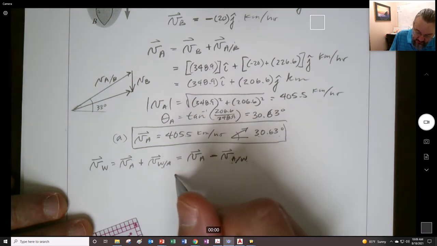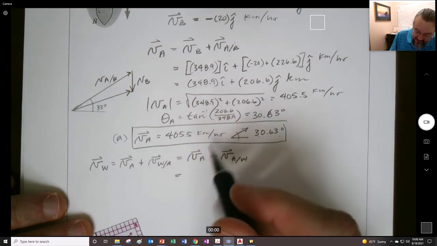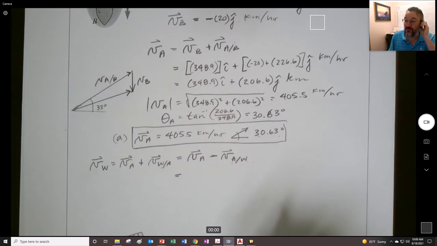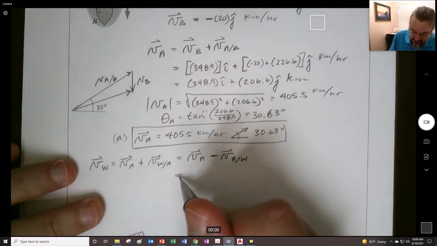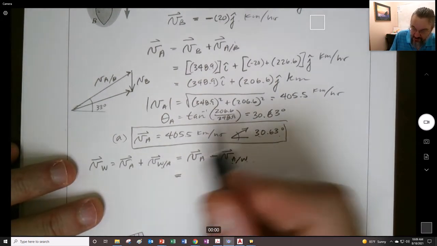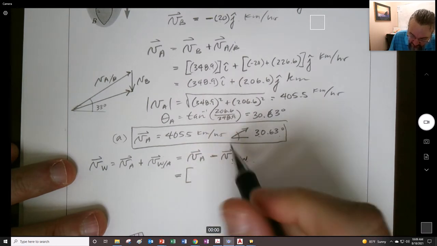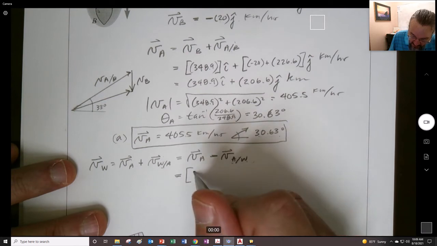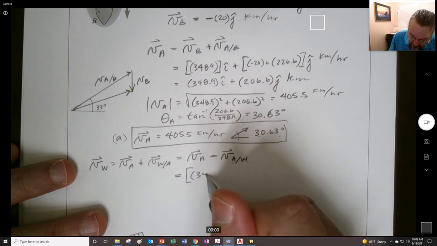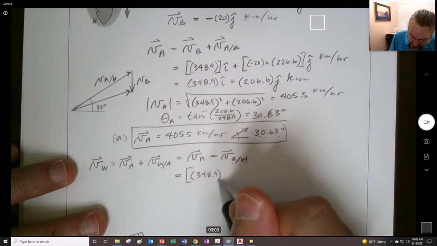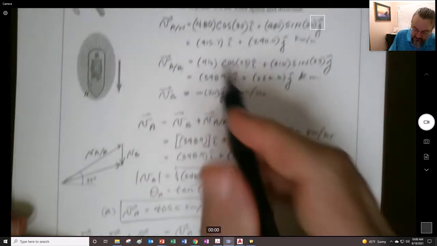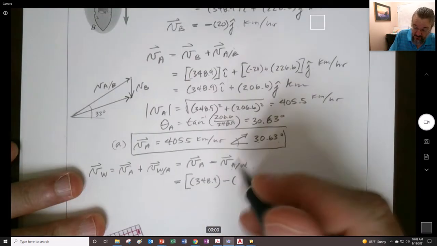So we could take, maybe I'll confirm it with the triangles instead of trying to calculate it out. All right. So anyway, instead of trying to use it that direction, if the airplane is going to be 348.9, we're going to subtract out 415.7.